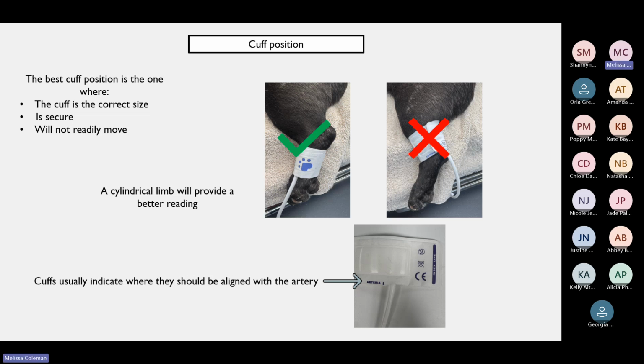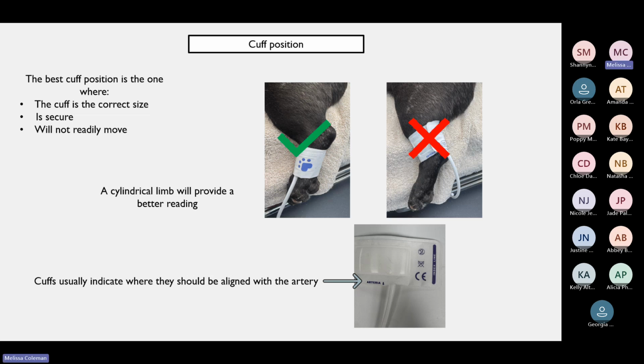Like in your brachycephalics, you're going to have much better success around the dorsal pedal than when they have it around above their hock, where they're just mush, really. They're not shaped well. So it's best to pop it somewhere where it's cylindrical, either that or a front leg if they've got good looking front legs, and just fit your cuff to your patient.